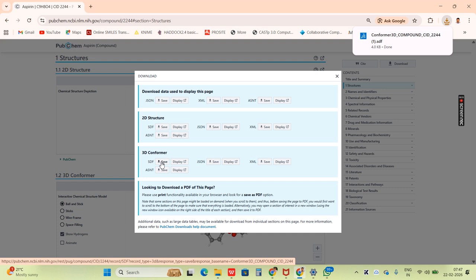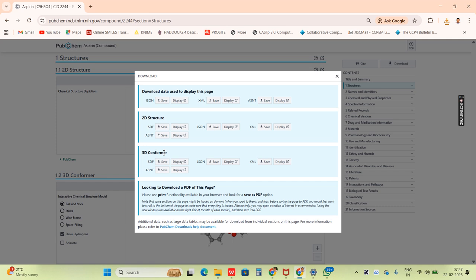The SMILES format we have saved, and the 3D conformer format we have saved now. We are going to use these files for further docking work. If the 3D structure is not available, then you need to go for the 2D structure.